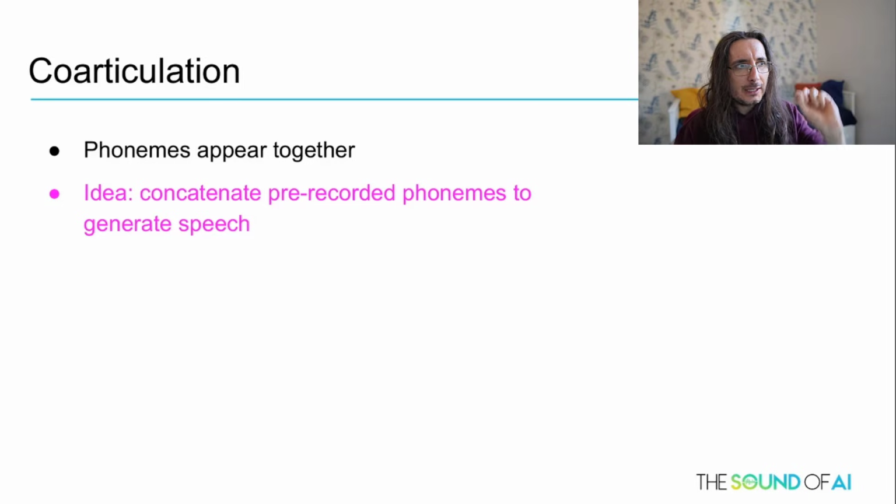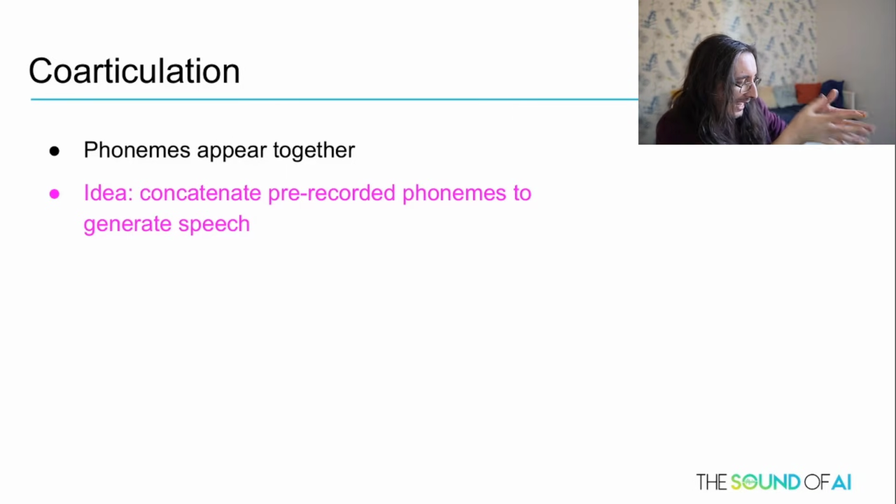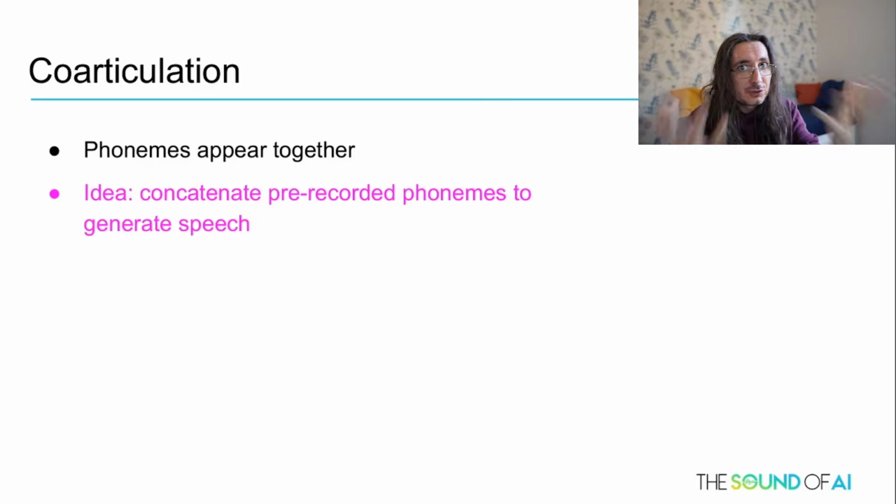So if I have pre-recorded sounds for all the phonemes out there, I can concatenate them and generate speech. Because now I'm stitching together sounds that I have in a collection, and if I put them together, I can generate speech. Will that work? Well, more or less, yes.